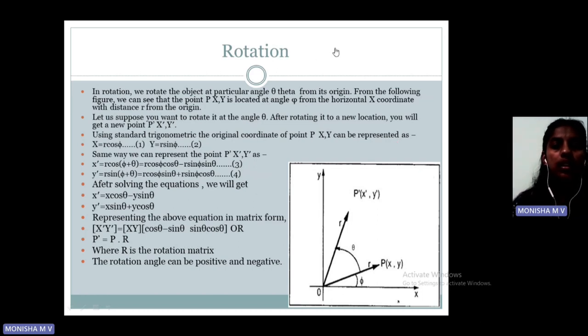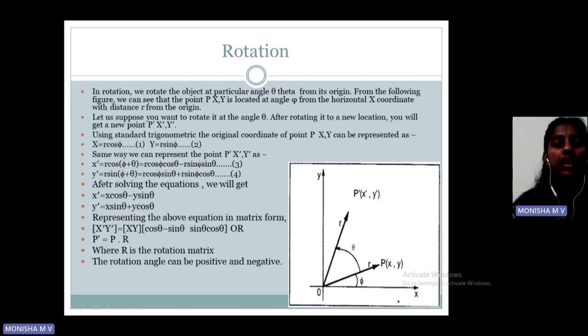In the same way, we can represent the point P dash, x dash and y dash as x dash equals r cos of phi plus theta, and y dash equals r sin of phi plus theta.